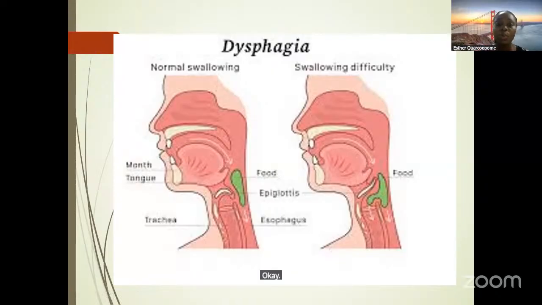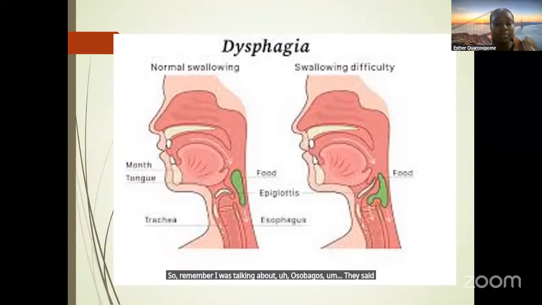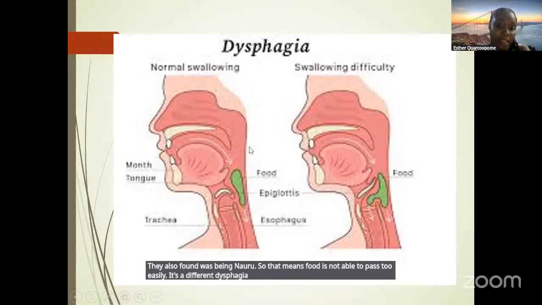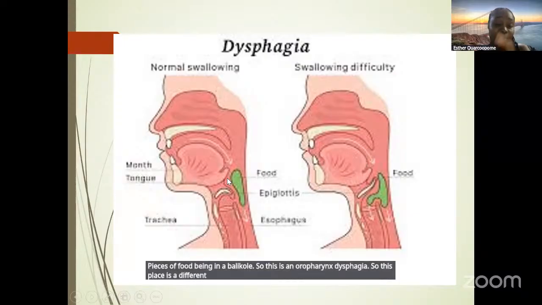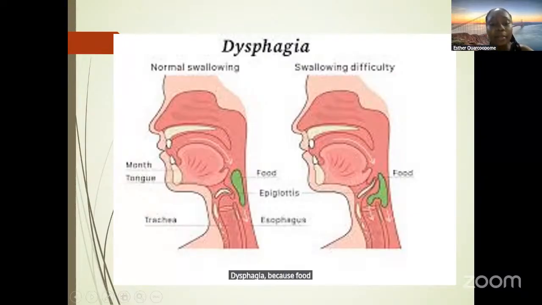Okay, so this part is the esophagus, right? Remember I was talking about the esophagus being narrow, which means food is not able to pass through easily. It's a different dysphagia from what happens here. Here, I talked about pieces of food being in the vallecula, so this place is an oropharyngeal dysphagia, because pieces of food can be collected here.